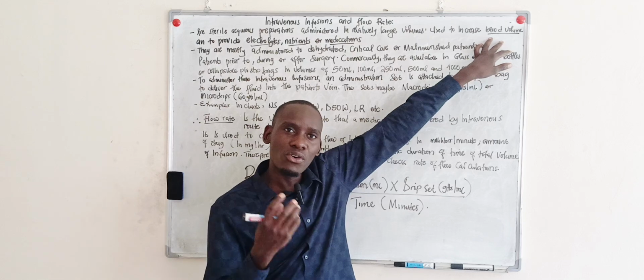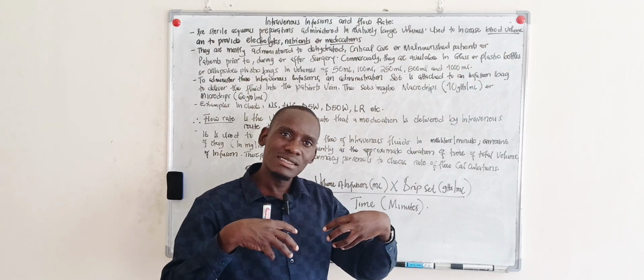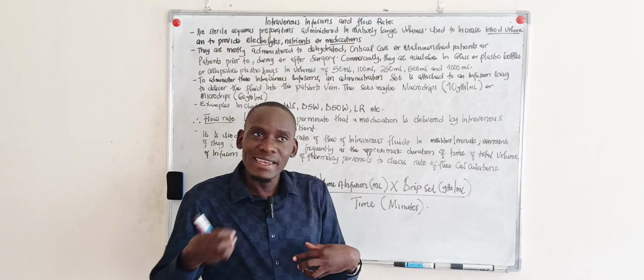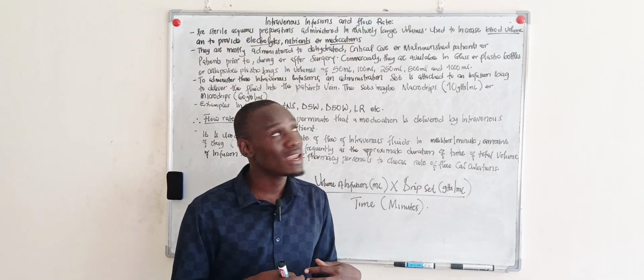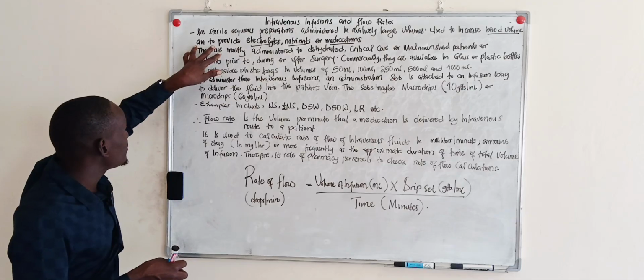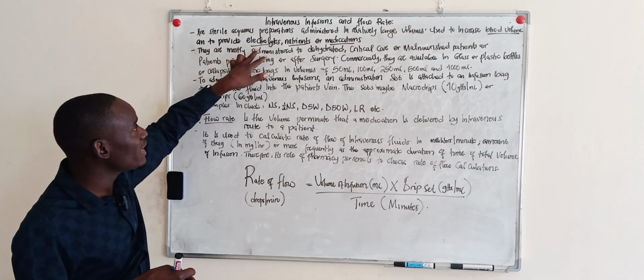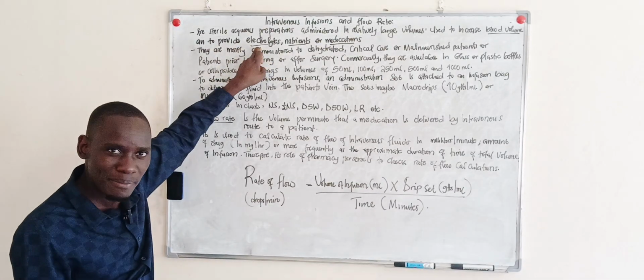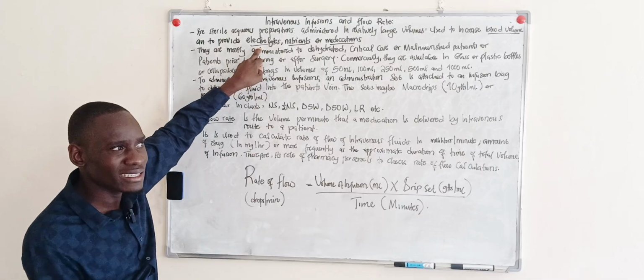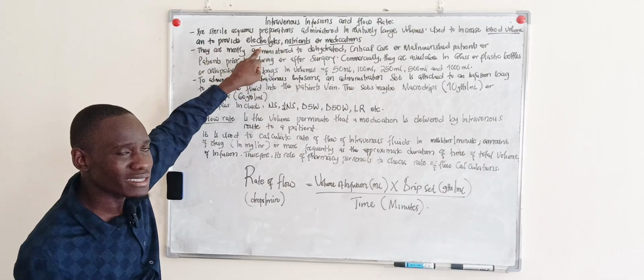Why? Because as we introduce a certain fluid into the body, we are ideally increasing the volume of blood. And secondly, they can be used to provide electrolytes. That one we are very much aware of in instances where someone is dehydrated.